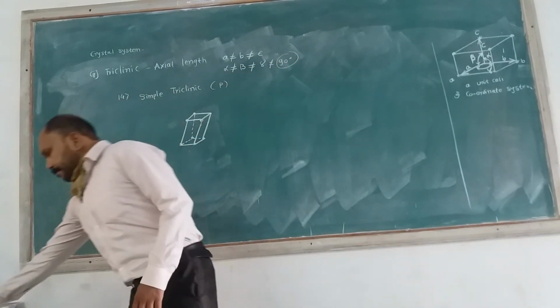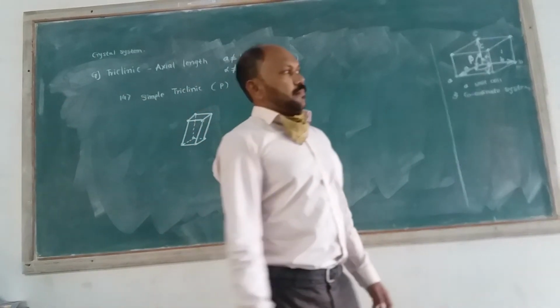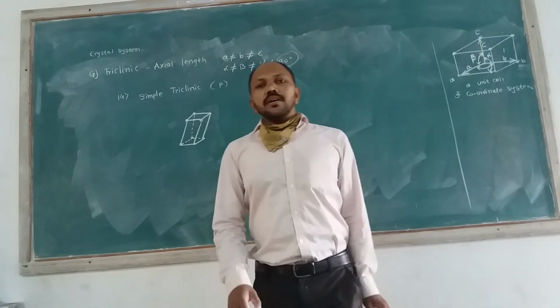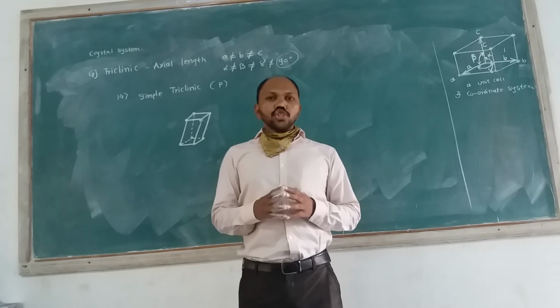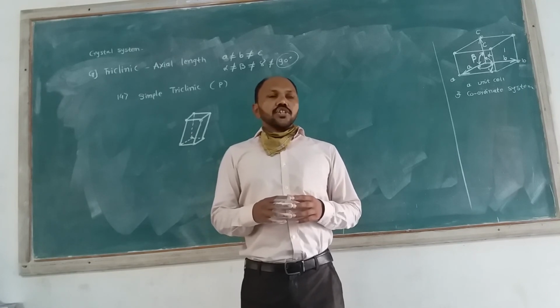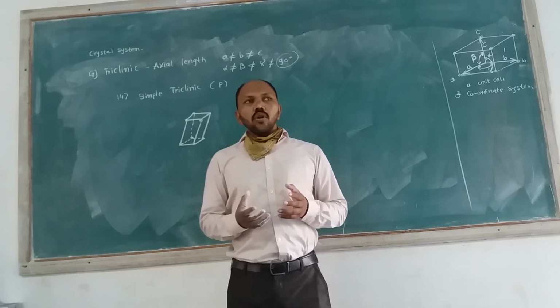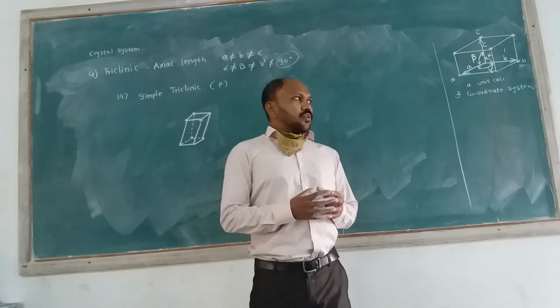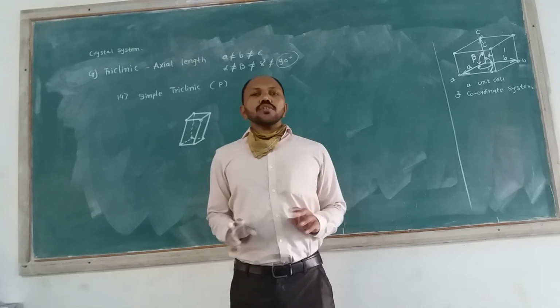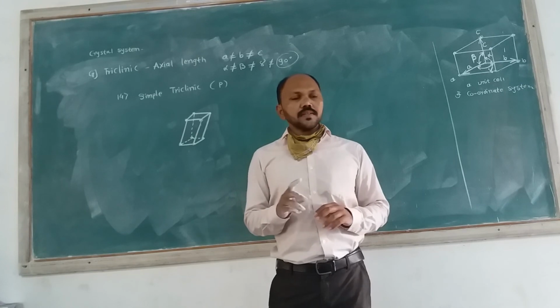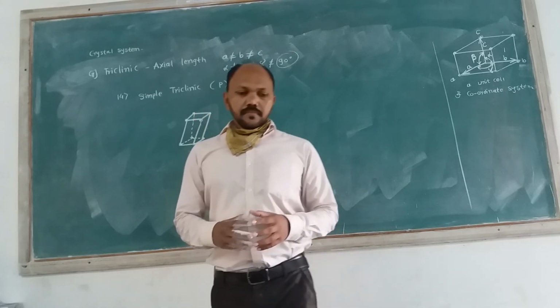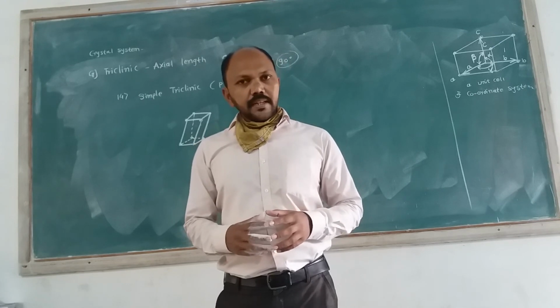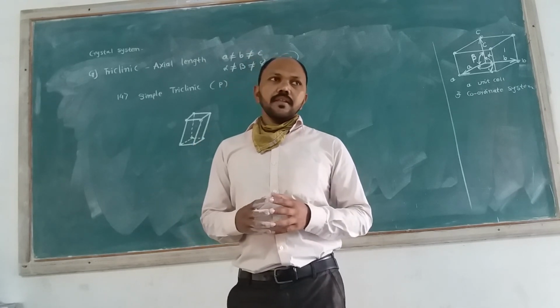So in this way, today we finish the discussion related to crystal systems and crystal structures. Overall, we see that a total of 7 crystal systems were established by Bravais, and a total of 14 crystal structures are available.